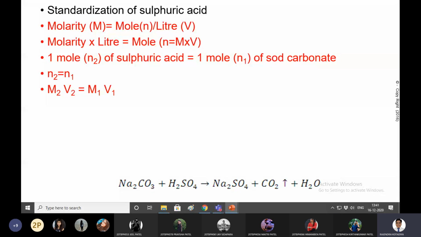Now from this equation, can we write down their values? What will be the value of M2 here?